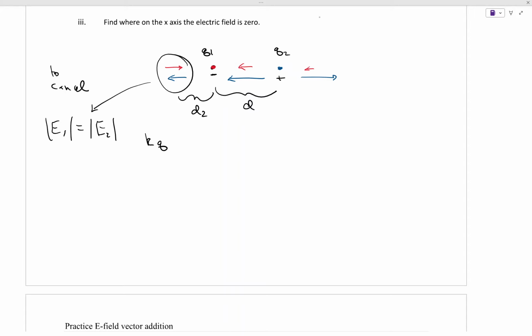That means kQ1 over d2 squared is going to have to be equal to kQ2 over d2 plus d squared.